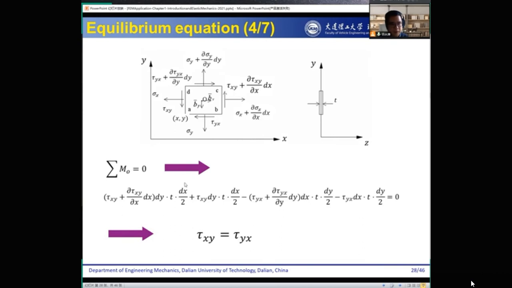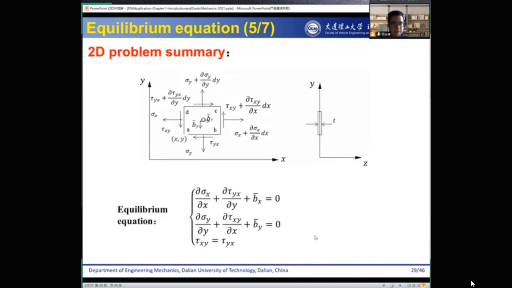Then we use the third condition: all the moment at any point will be equal to 0. After we do the mathematics, we get this form, which means the shear stresses are equal.